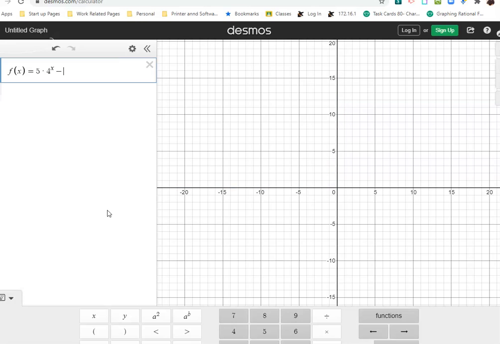And then you go minus 10. So again, shift and 6, that allows you to type your x in the exponent, and then you do whatever it is that you chose for your number. I chose -10. And so you can see my graph here.